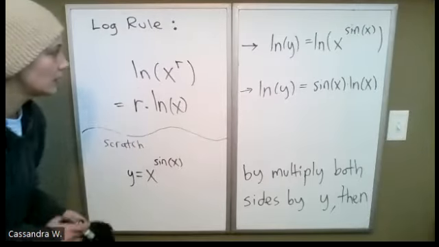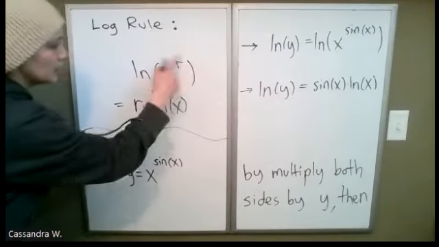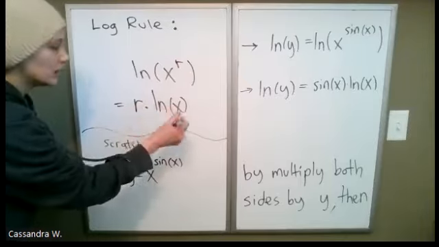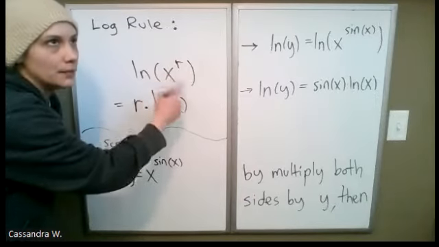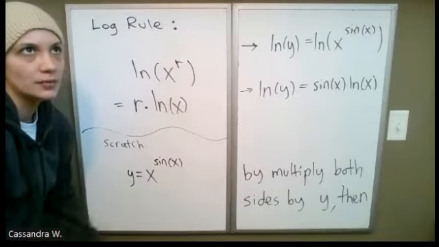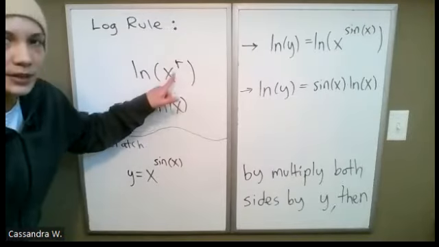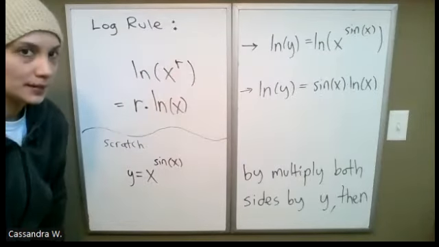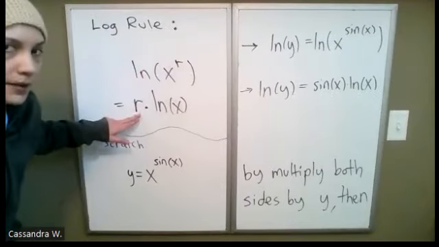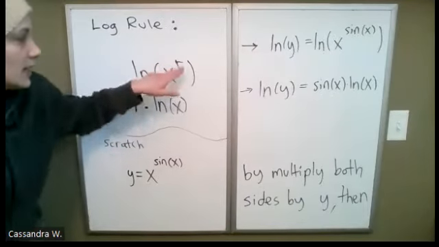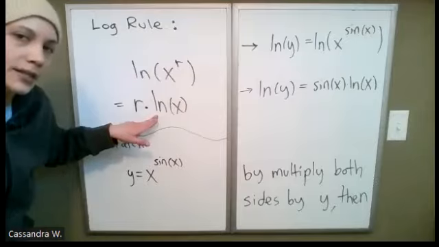And if you have a power up here, you can bring it down and multiply it with ln of that base of that number with an exponent. Okay. So anyway, we have a sine of x right here. That sine of x can come down and multiply with ln of x.